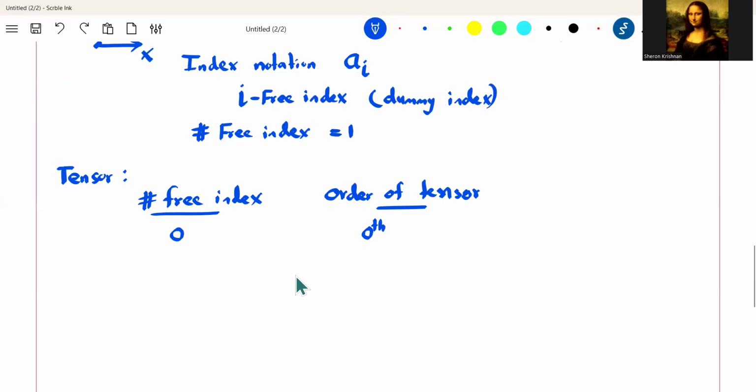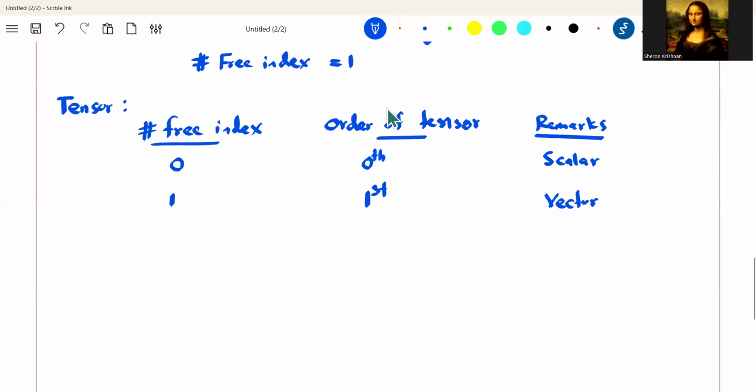I'll put zeroth order. As a remark, this we define as a scalar. If you have one free index, that is called first order tensor. So that is your vector. That we already discussed. We have only one free index.